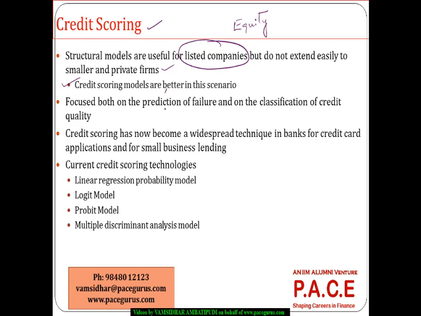Now, there are two things that these kinds of models focus on: the prediction of failure as well as the classification of credit. For any new firm, they focus on one, finding out the prediction of failure, the probability of default, and two, the classification of that particular credit into a default or a non-default category.